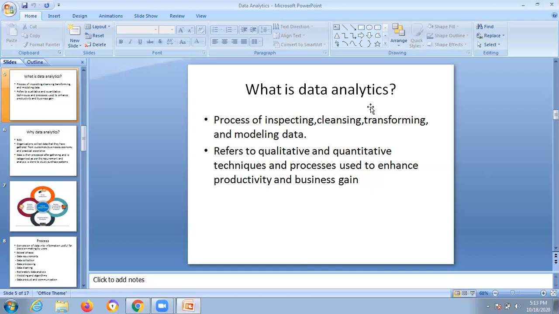Then only you can transform the data into output. And next one, modeling data. You need to model the data. Modeling data is also very important. That means you are applying a suitable market architecture or business architecture scenario in this. Then only you can model the data in order to get the final output. This is data analytics.